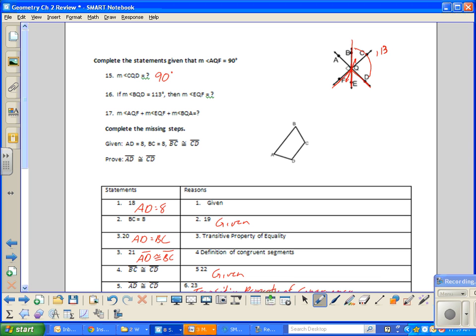So we can figure out what BQC is, then we know what FQE is. And so if CQD is 90, then this is going to be 113 minus 90, or 23 degrees for BQC. So EQF should be 23 degrees as well.